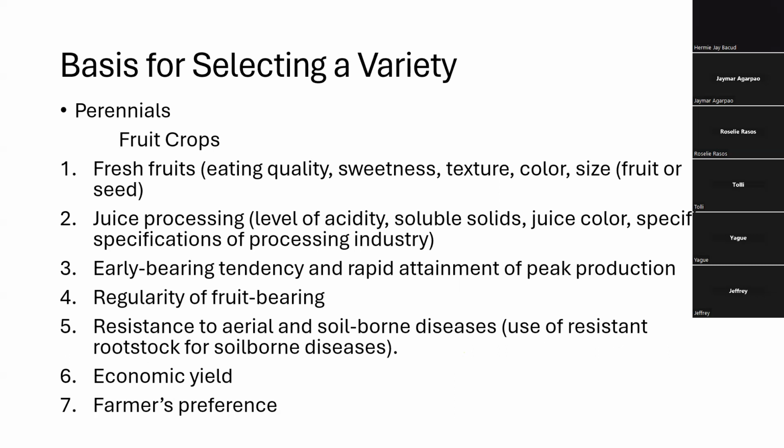The third basis, early bearing tendency and rapid attainment of peak production. So there are varieties that bear fruits earlier than other varieties. Then of course, the regularity of fruit bearing. Then fifth, resistance to aerial and soil-borne diseases, economic yield. Then again, hindi nawawala yung preference ni farmer.